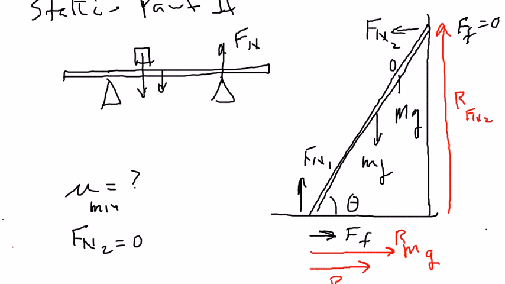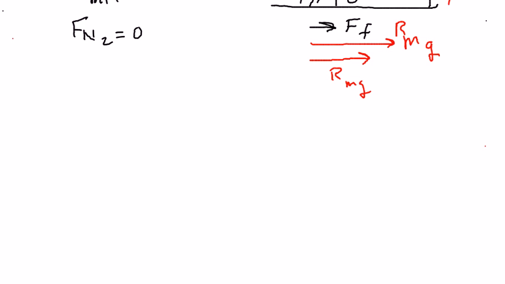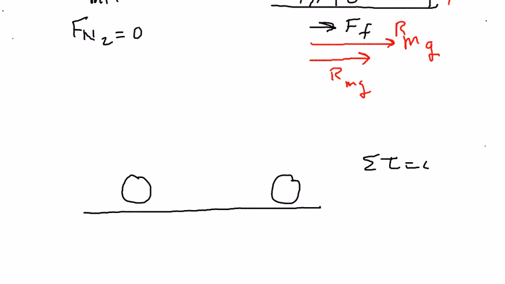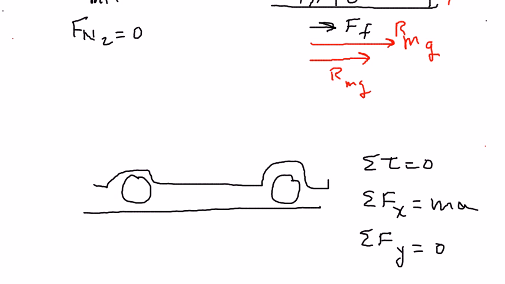Last but not least, and I jokingly say this, but I probably won't bother to put it on the test, but I might, is the problem of the car traveling down the road. And the idea here is that the sum of the torques equals 0, the sum of the forces in the x direction equals ma, either speeding up or slowing down, and the sum of the forces in the y direction are equal to 0. So again, you'll play the same games.